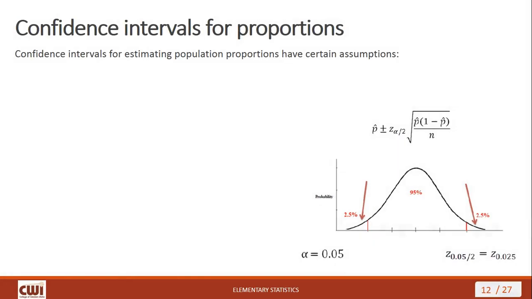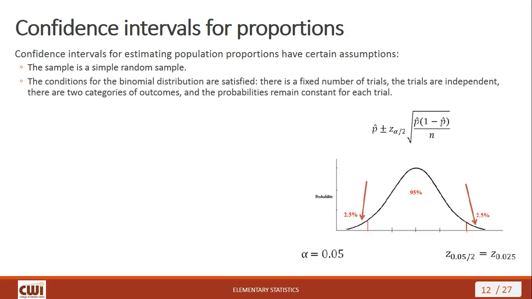Constructing confidence intervals for proportions, the method that we use has certain assumptions associated with it. So first of all, we're assuming the sample is a simple random sample. We're also assuming that the conditions for the binomial distribution are satisfied. This assumption comes from the fact that we're taking p hat and multiplying it by q hat, the complement of p hat.